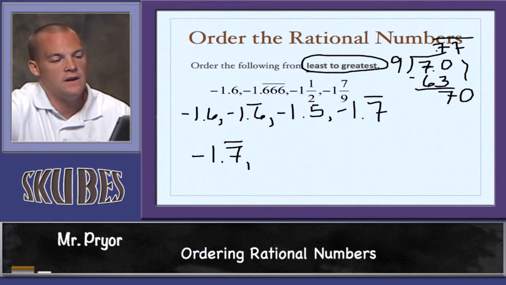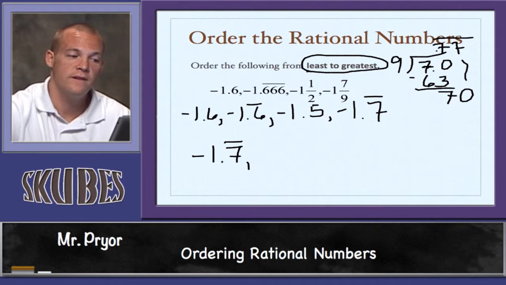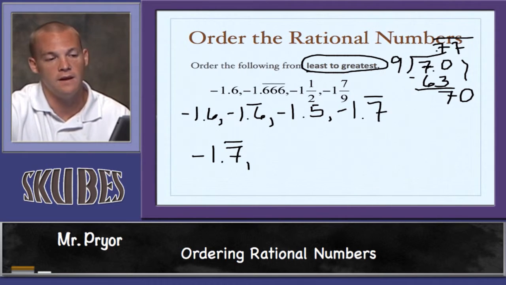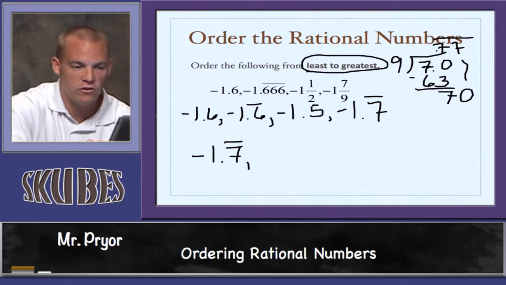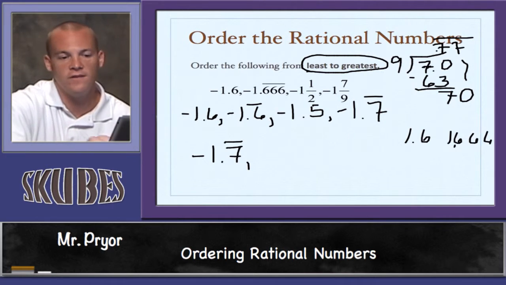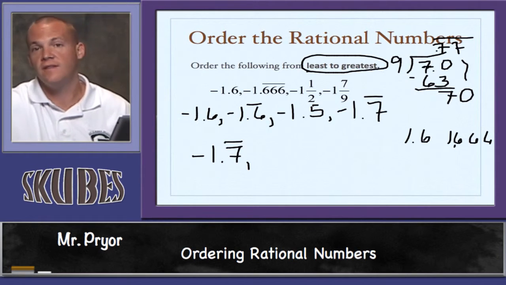All right, so now we need to compare negative 1.6 to negative 1.6 repeating. So off to the side, I'm just going to show you really quick. If you have 1.6 versus 1.6 repeating, remember that this one has more 6's at the end. So you're actually comparing 1.6 to 1.666.